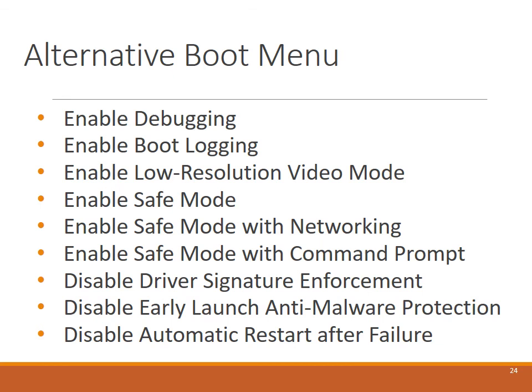Basically, this option enables extremely verbose logging, and it's really only useful for software developers. They can use it to see how their software is interacting with the operating system. So unless you're a software developer, you probably won't be using enable debugging.